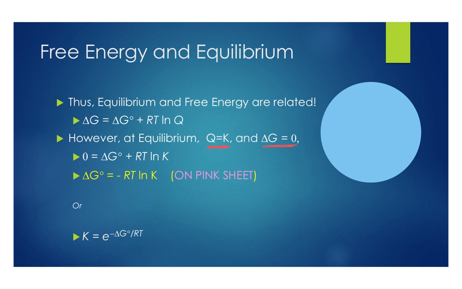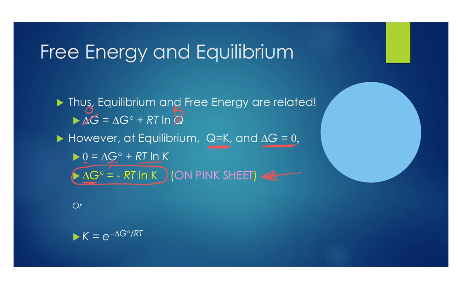So delta G, we can then sub in, make that 0. Q, we can sub that in and make that K. So that gives us 0 equals delta G standard plus RT ln K. If I rearrange that for delta G standard, we get delta G standard equals negative RT ln K.